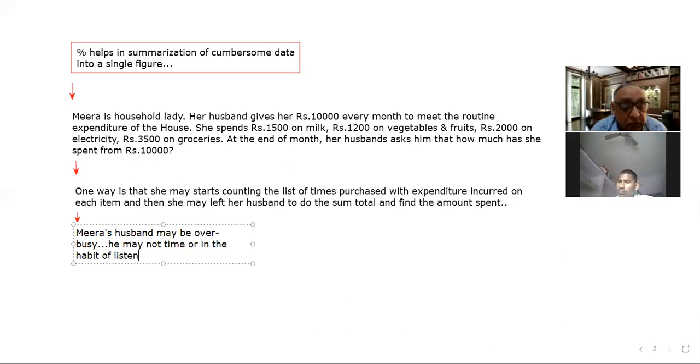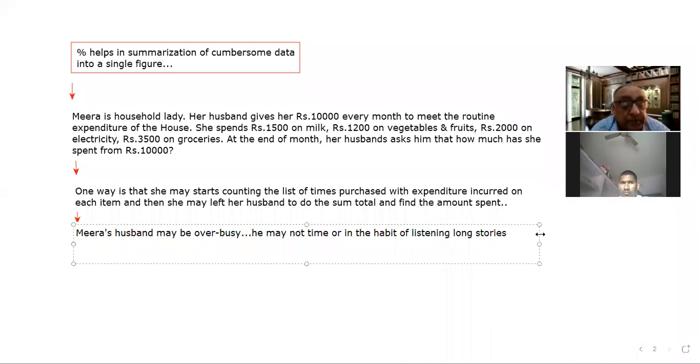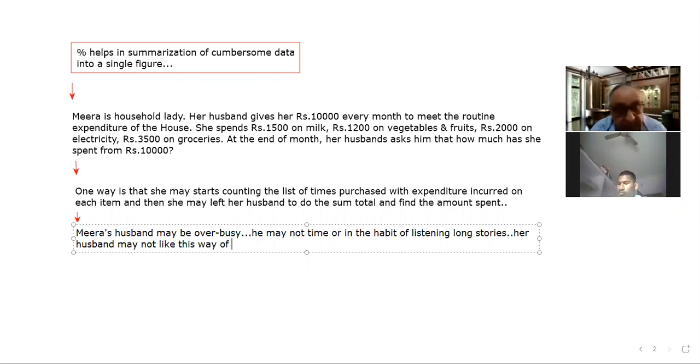And then in that case, her husband may not like this way of Mira.